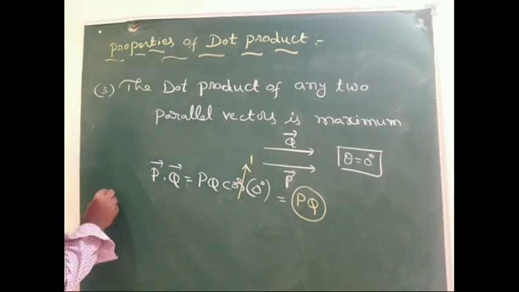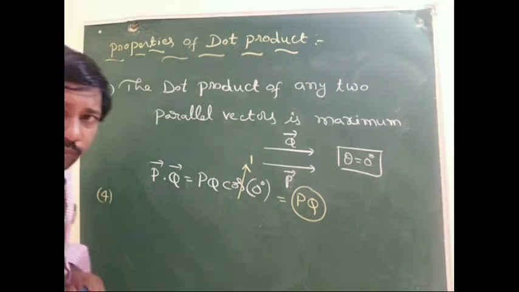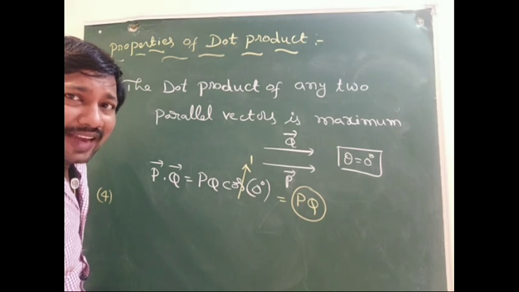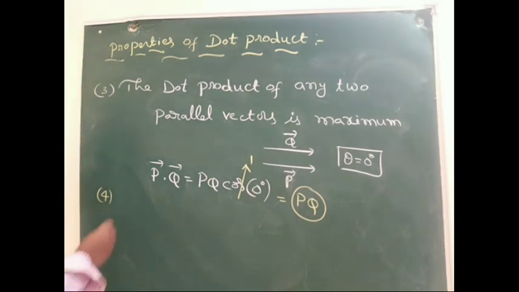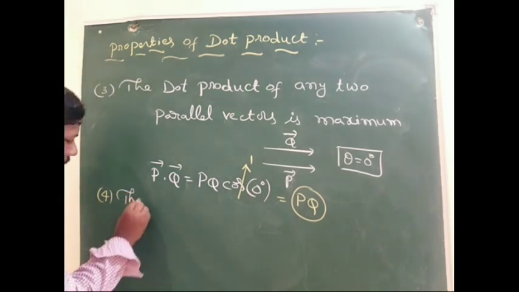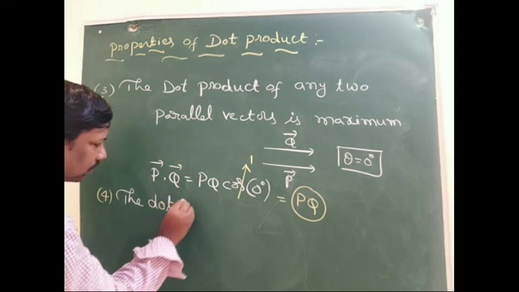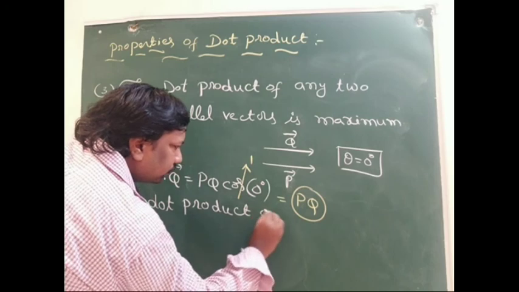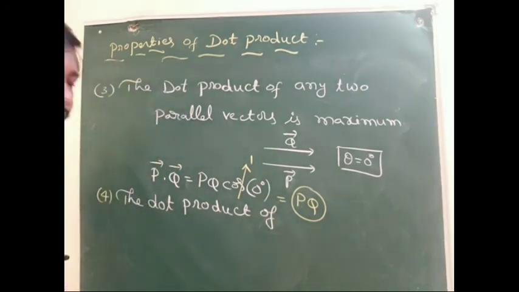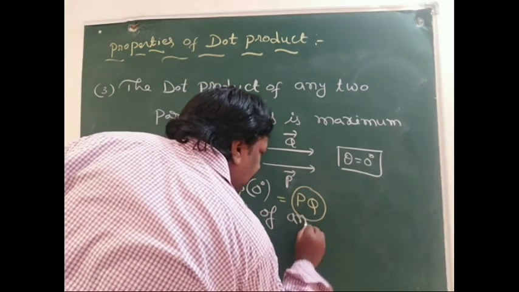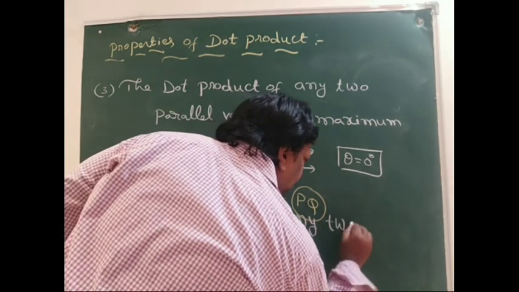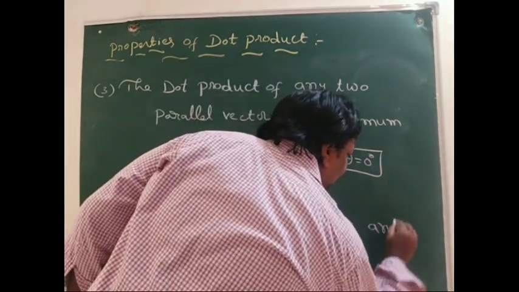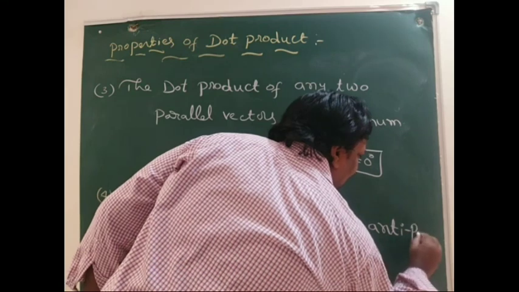Now another property: the dot product of any two anti-parallel vectors is negative.